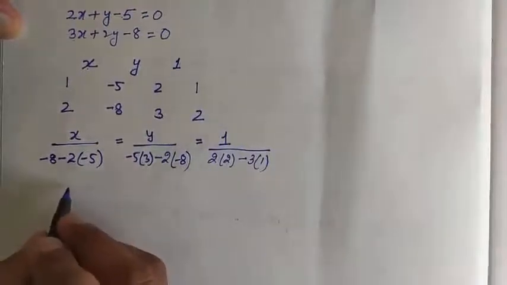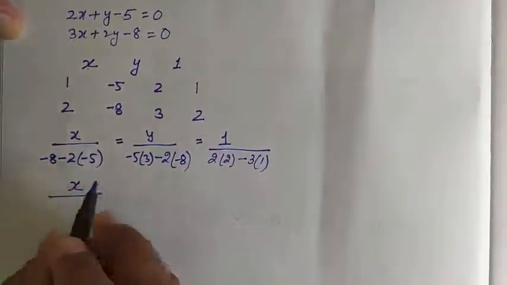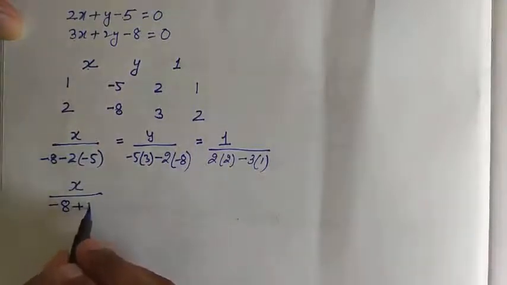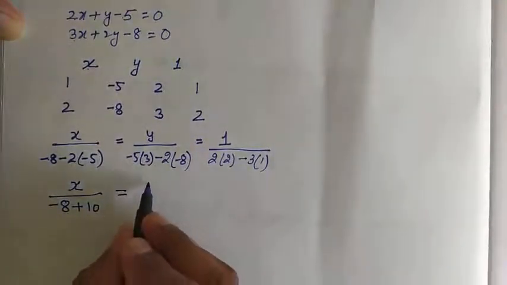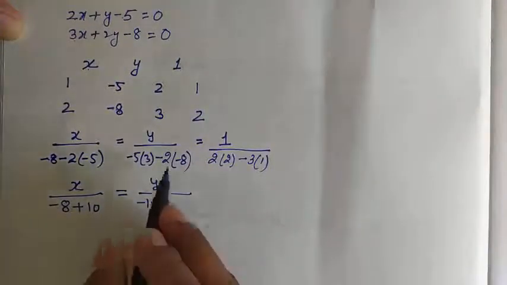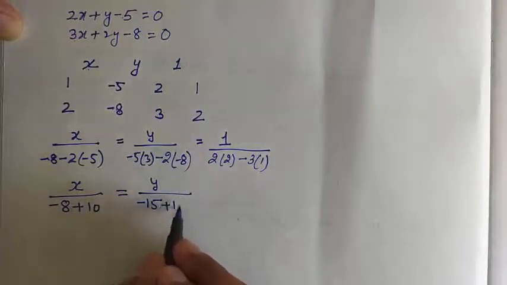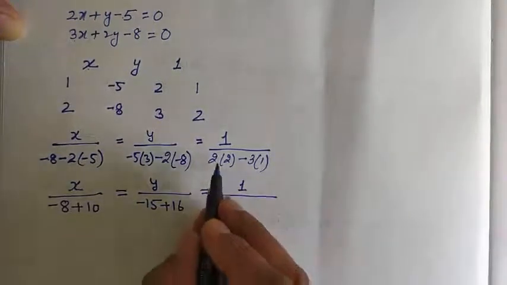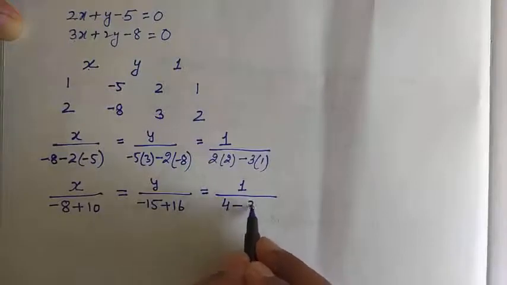It is x over, see here, minus 8 minus 2 into minus 5, plus 10, is equal to y over minus 5 into 3, minus 15, minus 2 into minus 8, plus 16, is equal to 1 over 2 2s are 4 minus 3 1s are 3.